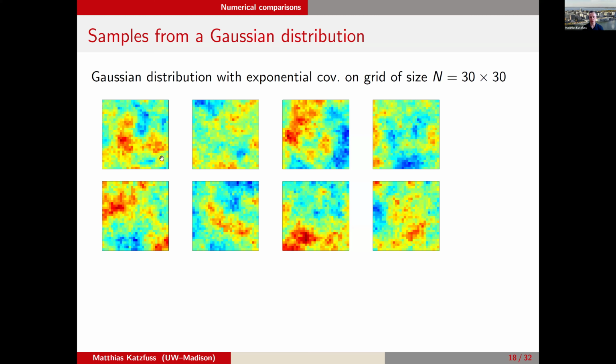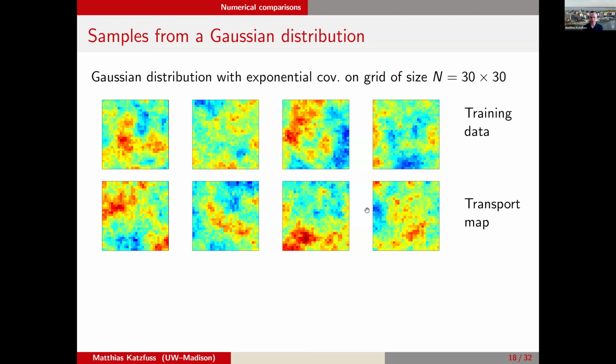The cool thing is that only the first 4 plots, the first row, are samples from this Gaussian distribution. The second row samples are actually samples from our transport map model that I introduced previously, where the training data are samples such as this from the actual Gaussian distribution.